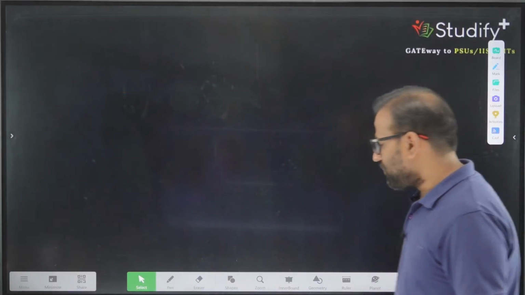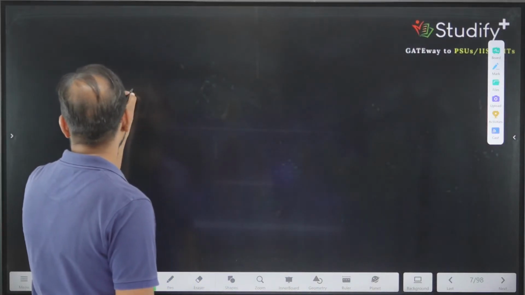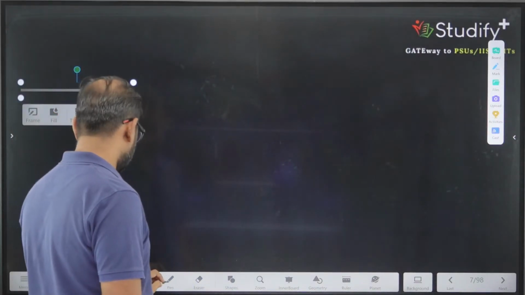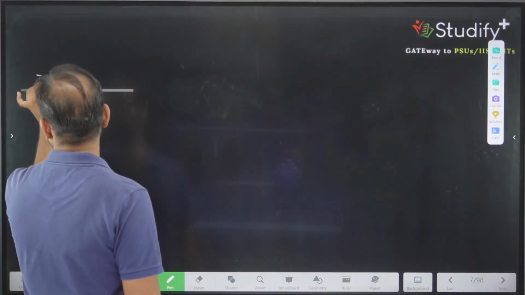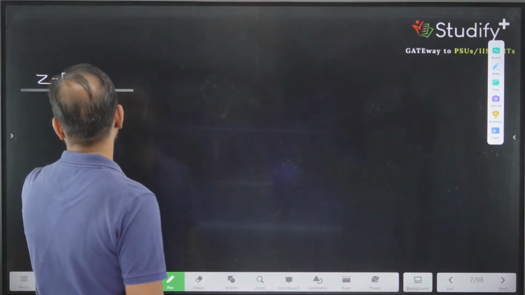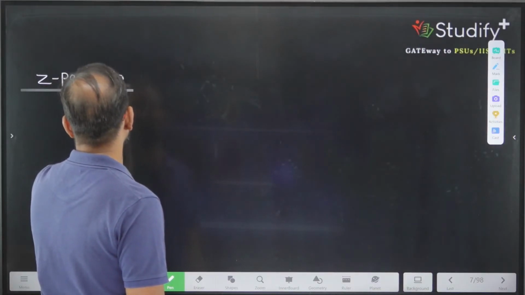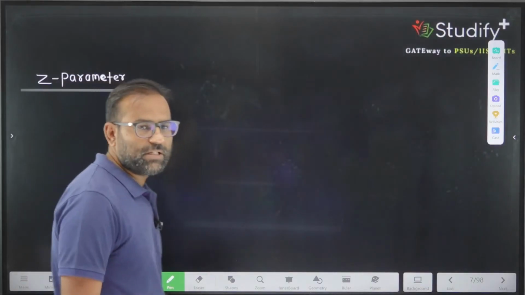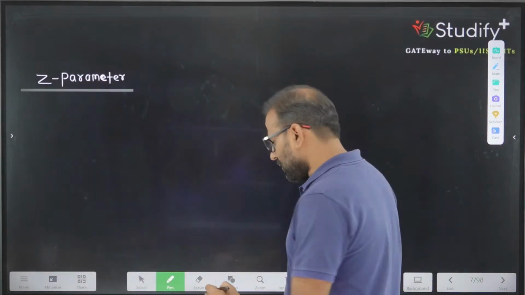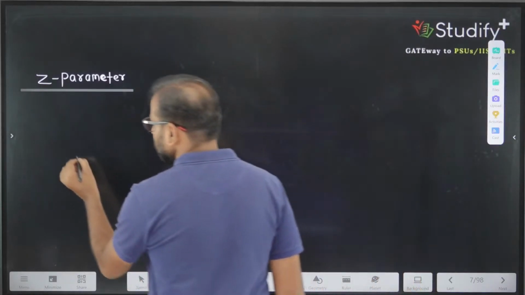So let's talk about the first parameter, and the first parameter is known as Z parameter. So in Z parameter, how do you define the parameter?